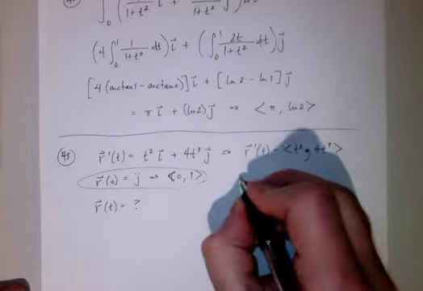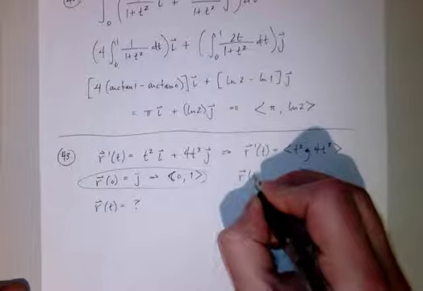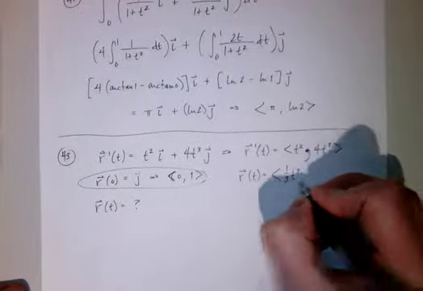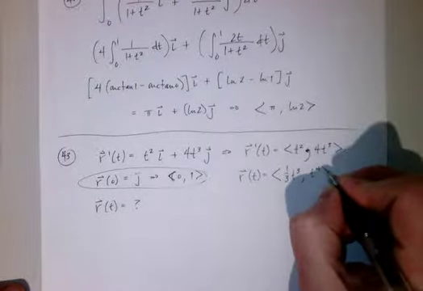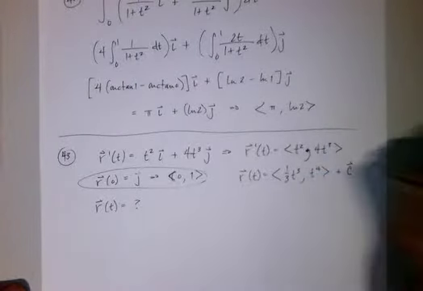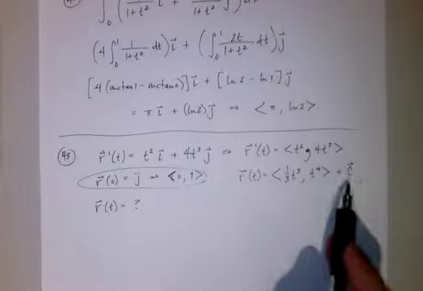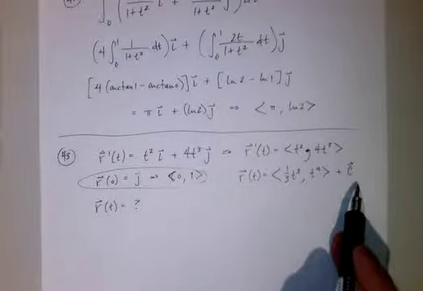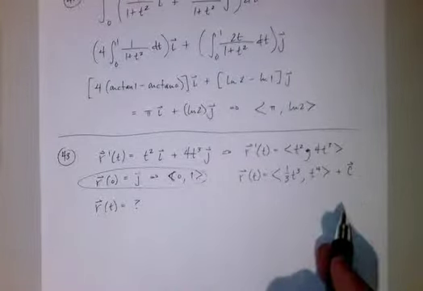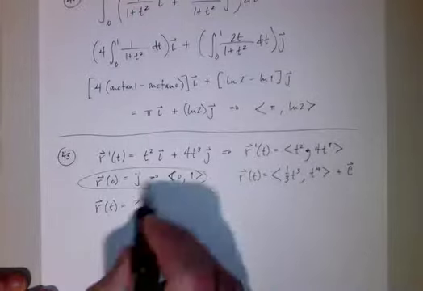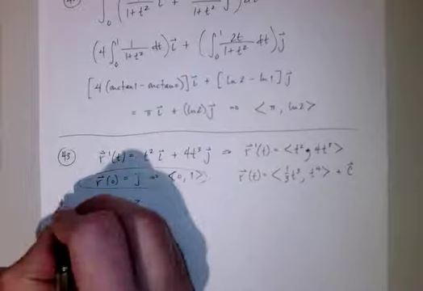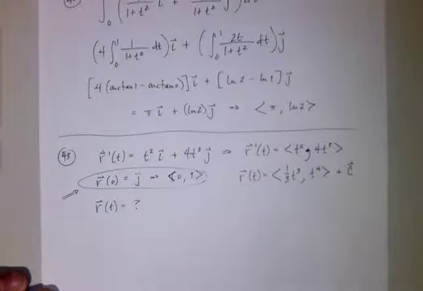Therefore, if I anti-differentiate this, I'm going to get 1/3 t cubed, t to the 4th. But then there's a constant vector out here with both a horizontal and vertical component. It could have both. It could have neither. It could have one. It could have the other. And so I need to use this in order to figure out what that is. Now, this right here is information that was given.